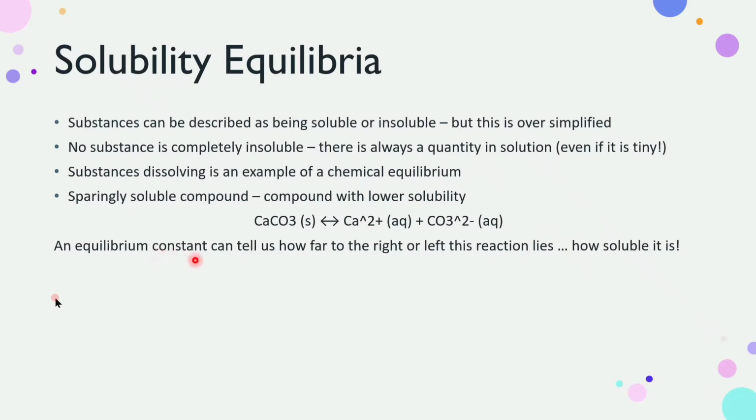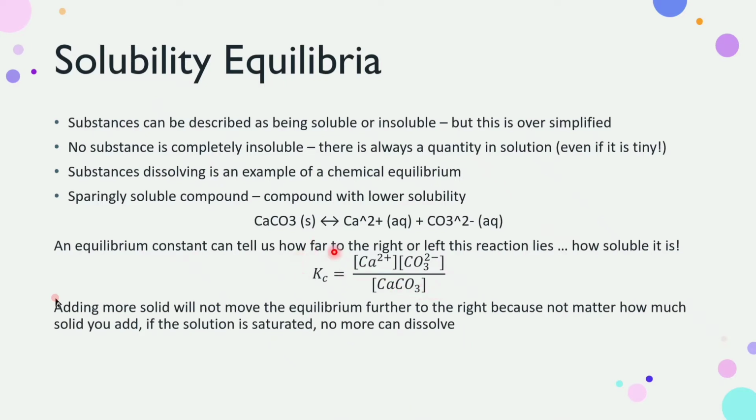An equilibrium constant can tell us how far to the right or to the left this reaction lies, and by doing this, we will eventually be able to find out how soluble it is. If we go back, we know about Kc, our equilibrium constant for concentration, with the concentration of our products on the top and our reactants on the bottom.